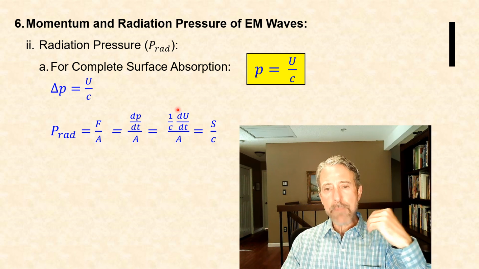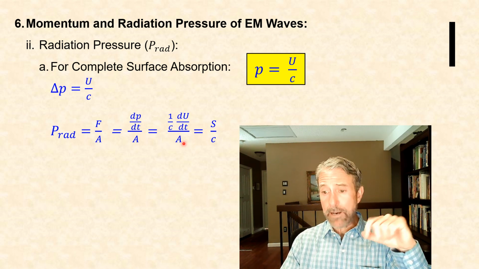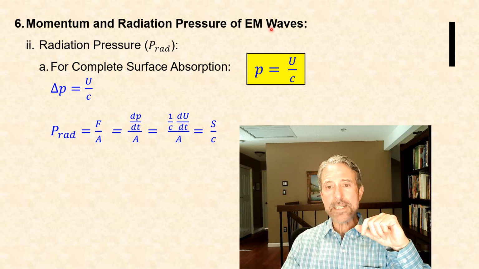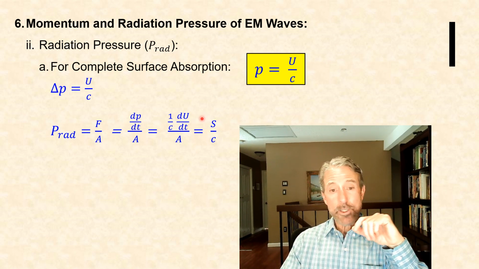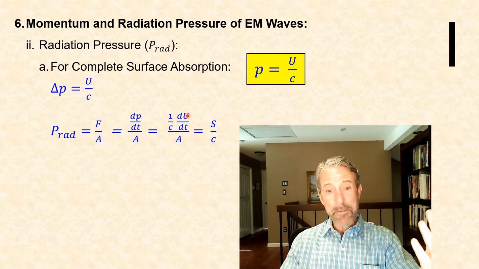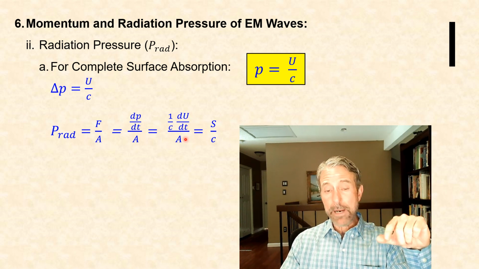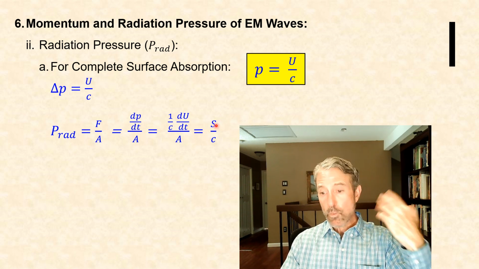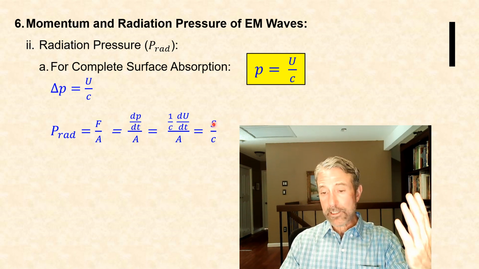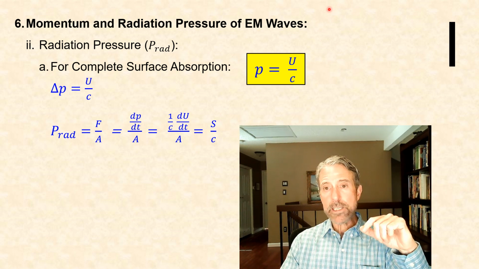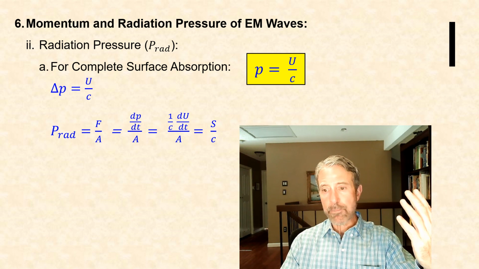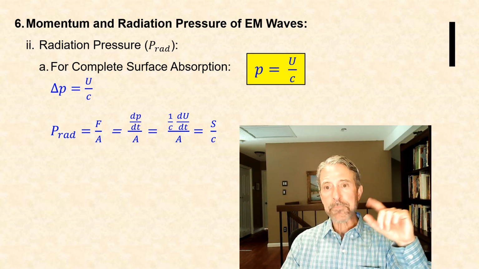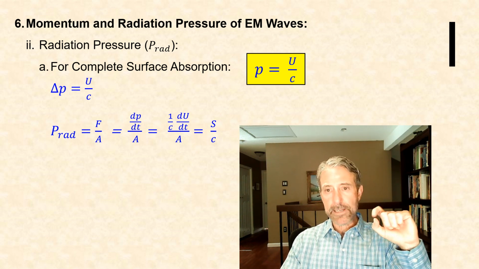When we divide the wave power by area, we now have a measure of wave intensity, which, if you recall, is equal to the magnitude of the Poynting vector S. So at the end of the day, we see that for this case of complete surface absorption, the radiation pressure of that electromagnetic wave is given by this very simple expression, S over c, S being the magnitude of the Poynting vector.